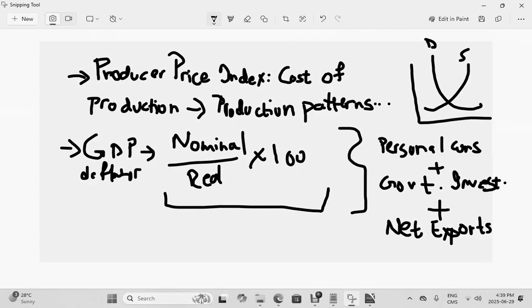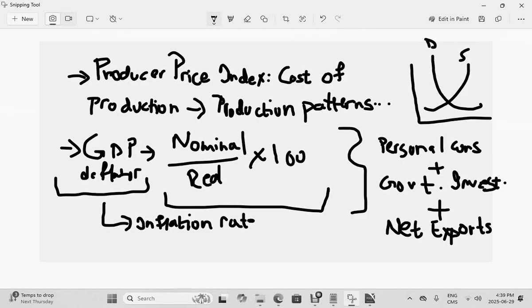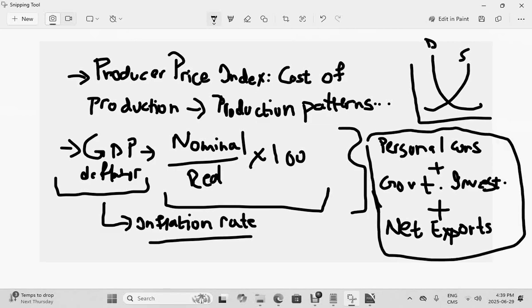This is the reason why a lot of people consider the GDP deflator as one of the most accurate measurements for inflation rate. Even though the GDP deflator does not account for true cost of living, it does account for all these factors, as a result of which it gives you an accurate idea of what the inflation rate is like relevant to the real GDP of your country over a period of time.